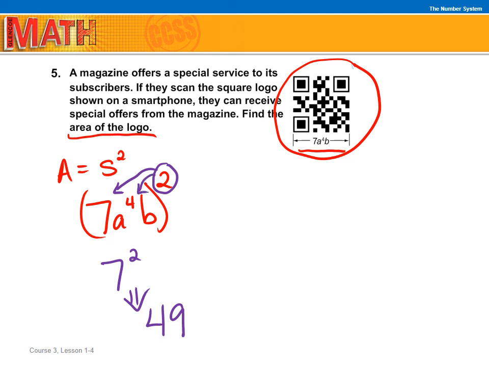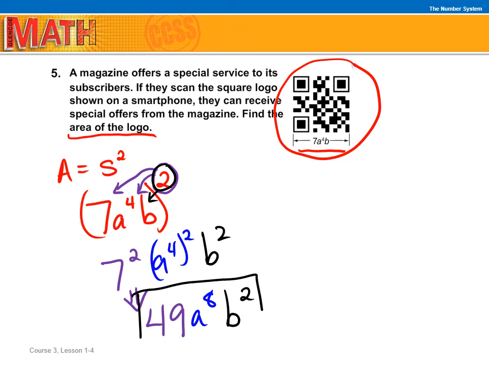Take the a to the fourth power. That's going to give us a to the eighth power. And last but not least, the 2 goes to the b, giving b squared. So our final answer is 49 times a to the eighth power times b squared.